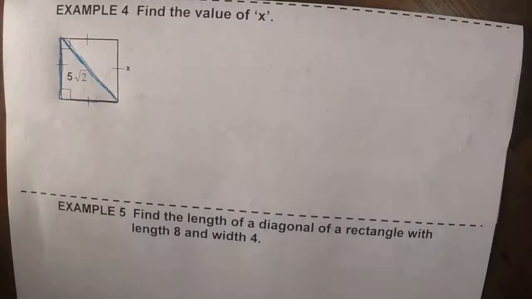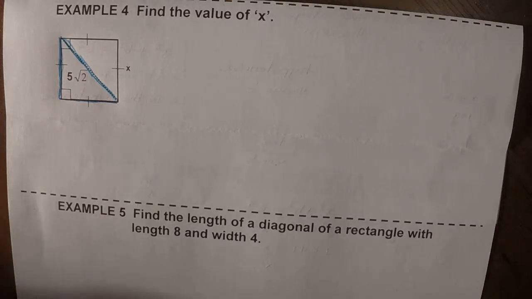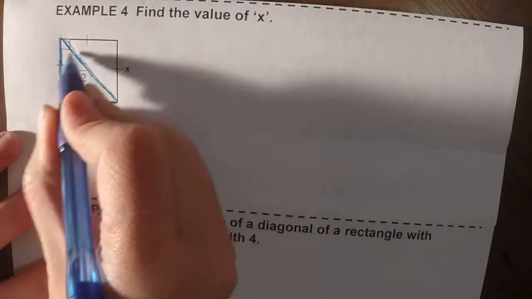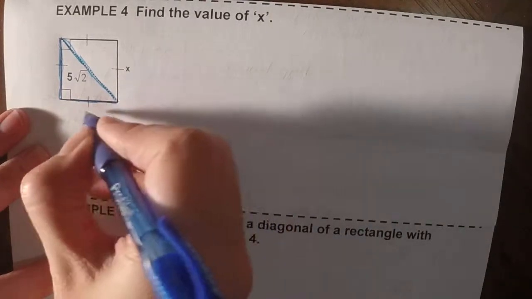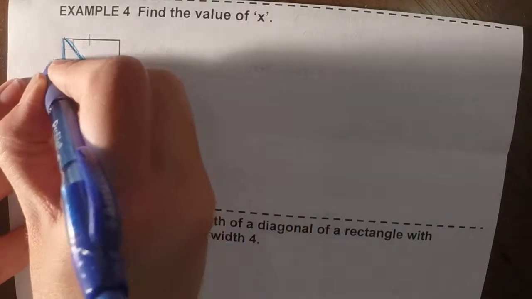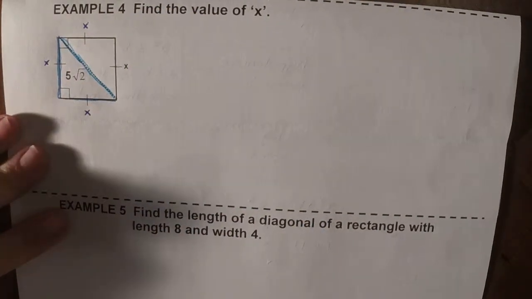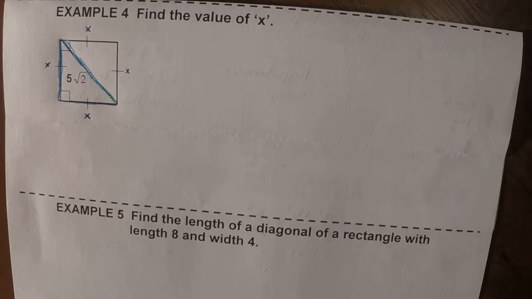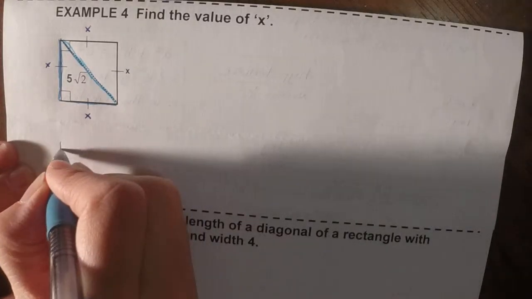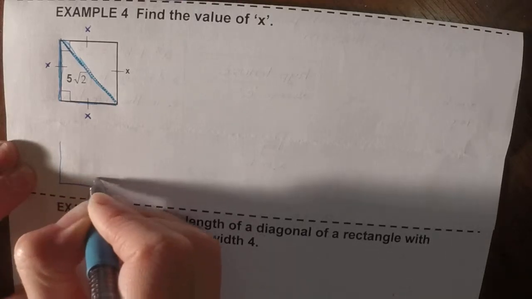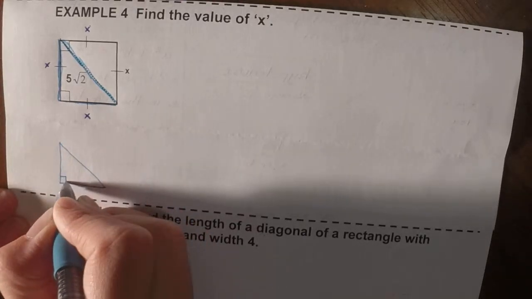Okay, sorry. So if that's the triangle, again, remember these mean that all the sides are congruent. Those are our hash marks. So if this is x, that means this is x, and this is x, and this is x. And I only have to solve for one of them, but we need to know that they're all the same. So again, if I isolate that right triangle and I pull it out, here's the right angle.